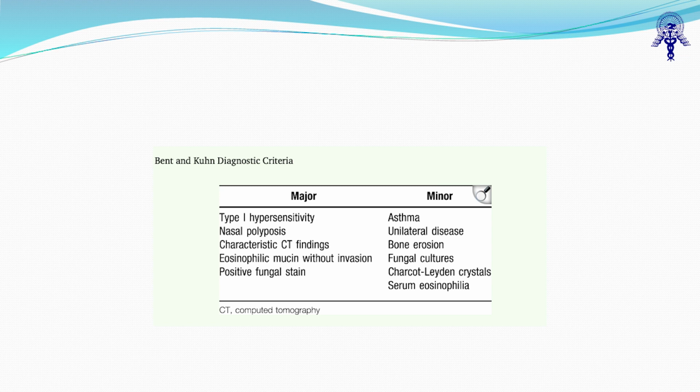So one is type 1 hypersensitivity, nasal polyposis, the characteristic CT scan findings which Dr. Datta has already elaborated, eosinophilic mucin without invasion, that you can make out by the CT scan itself, and the positive fungal stain, that we sometimes do, sometimes do not. And the minor ones are asthma, the unilateral disease, bone erosion may be, may not be, fungal cultures often done, the Charcot-Leyden crystals and the serum eosinophilia. Of course, you do that.